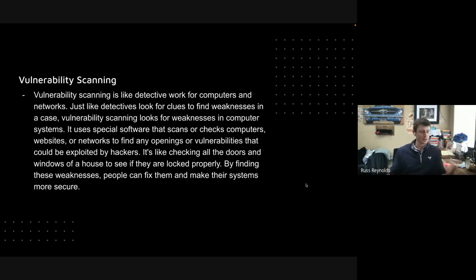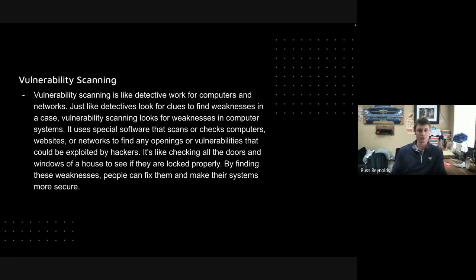So I used ChatGPT to give me a breakdown of how to explain vulnerability scanning if I were talking to high schoolers. This is what it came up with. I think it's a pretty good analogy. Just like detectives look for clues to find weaknesses in a case, vulnerability scanning looks for weaknesses in a computer system. So your whole IT infrastructure is going to be scanned constantly and monitored.